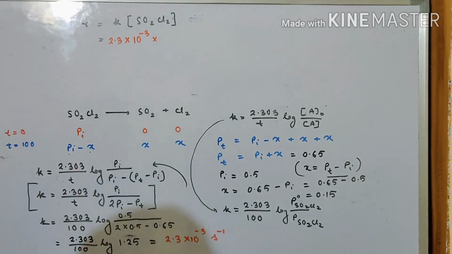Now the X value we know, that is 0.15, and we have already calculated the value of Pi also, that is 0.50.